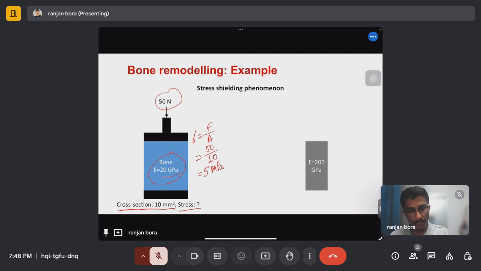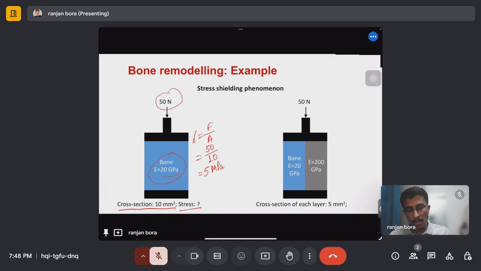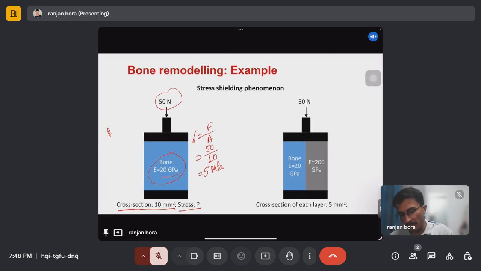Now this was before surgery, and this condition is after surgery.